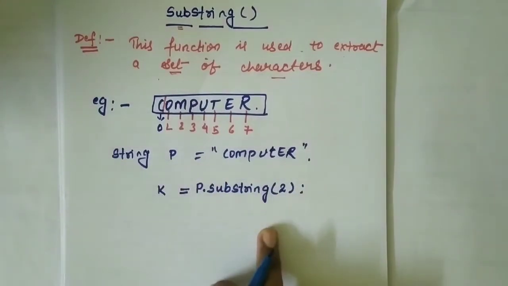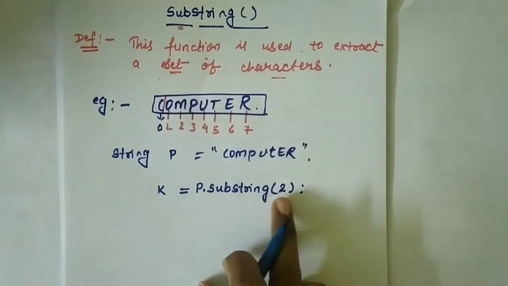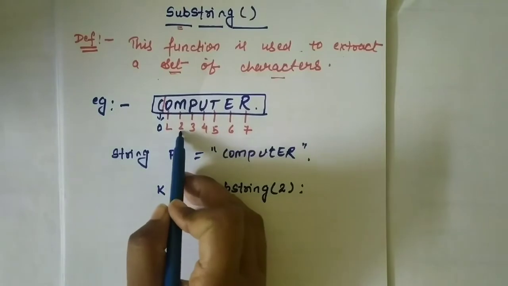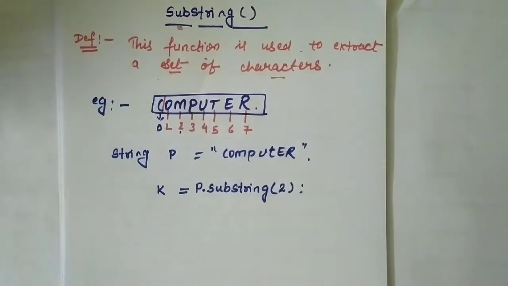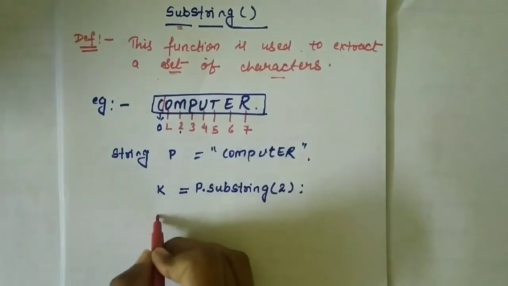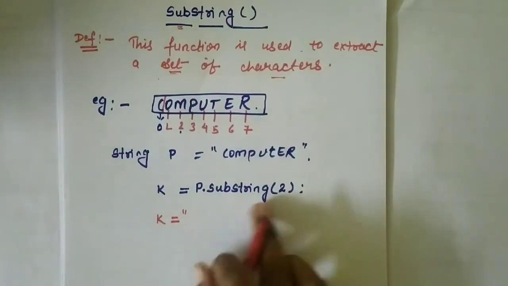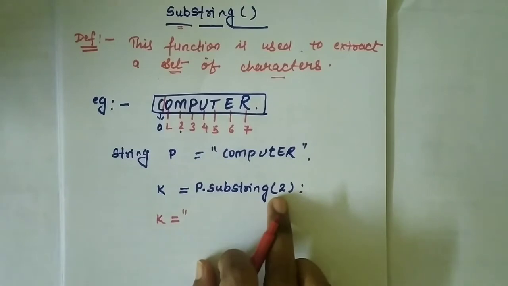So what will it return? In the 2 position, which character is there? The character is M. So the k variable stores the value starting from the second position.